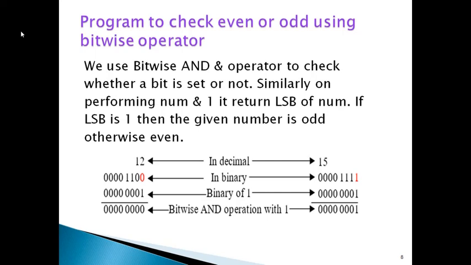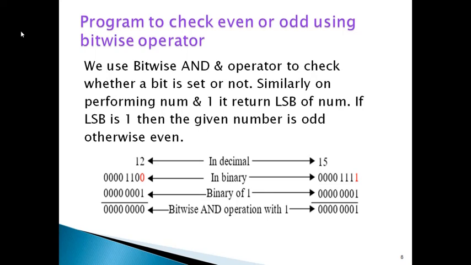Here on the left side is 12. It is a decimal number. The binary format of 12 is 00001100. If you perform the AND operation with 1, the binary of 1 is 00000001.